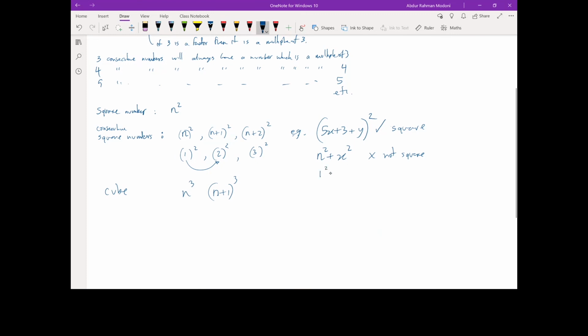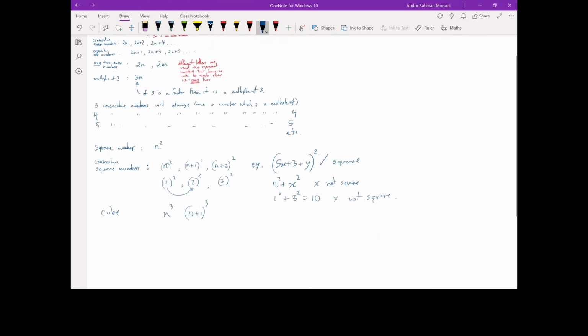You can discuss it like this: 1 squared plus 3 squared equals 10. Not a square number, is it? We're going to look at that in a moment. So it's really important, first of all, to know how to write things using algebra, which is the most important thing. The rest is actually relatively straightforward, as we'll see.